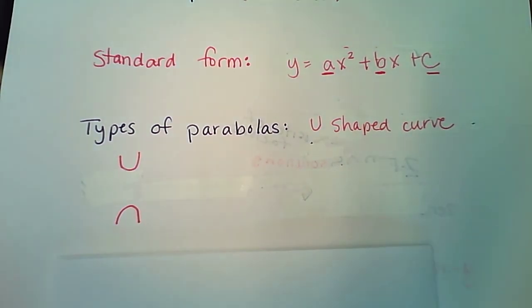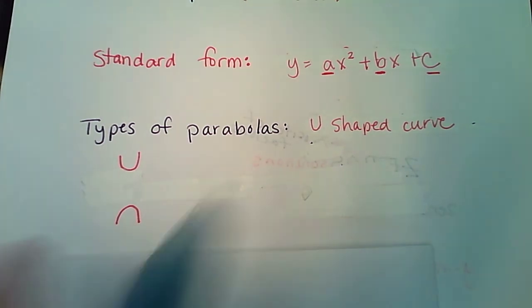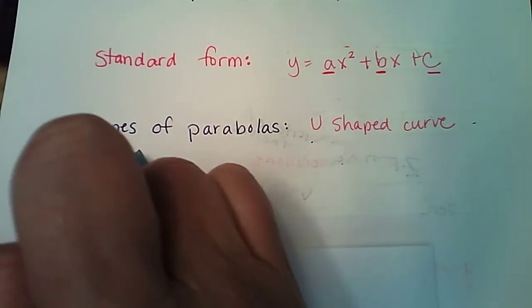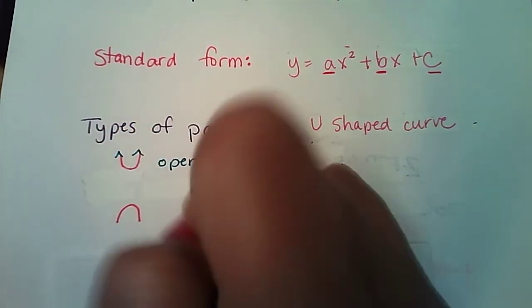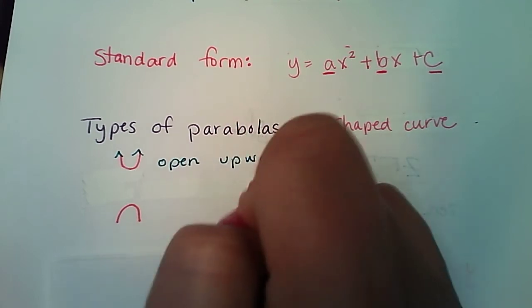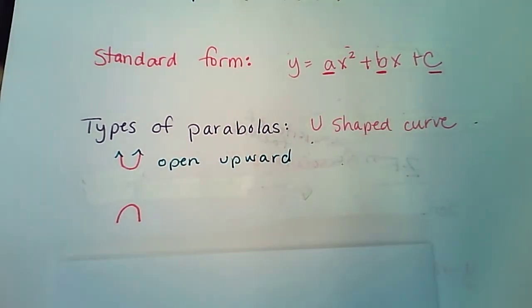A couple of things we need to know about our parabola. One, with our U-shaped curve, this one up here, we say it opens up or upward. It opens upward, which creates something we call a minimum of a graph.